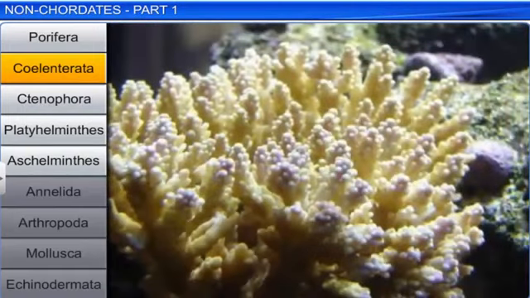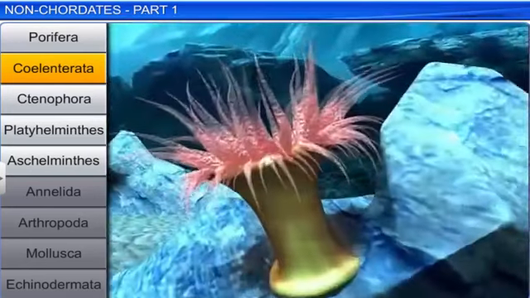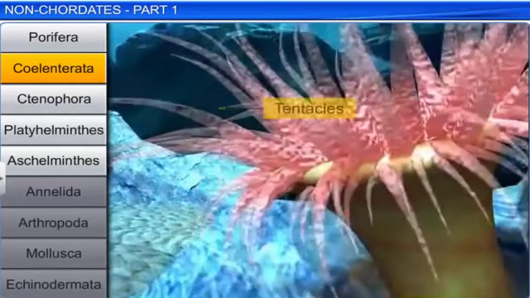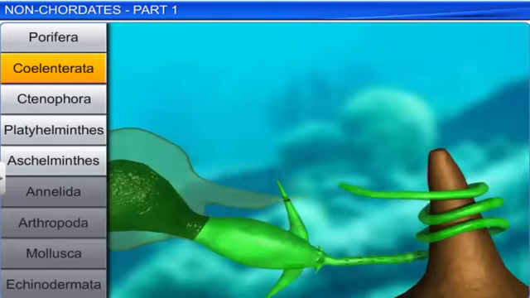Some coelenterids, like corals, have a skeletal structure made of calcium carbonate. Coelenterids have cnidoblasts on their tentacles and body, and hence this phylum is also known as Cnidaria. Cnidoblasts are used for anchorage, defense, and to capture prey.